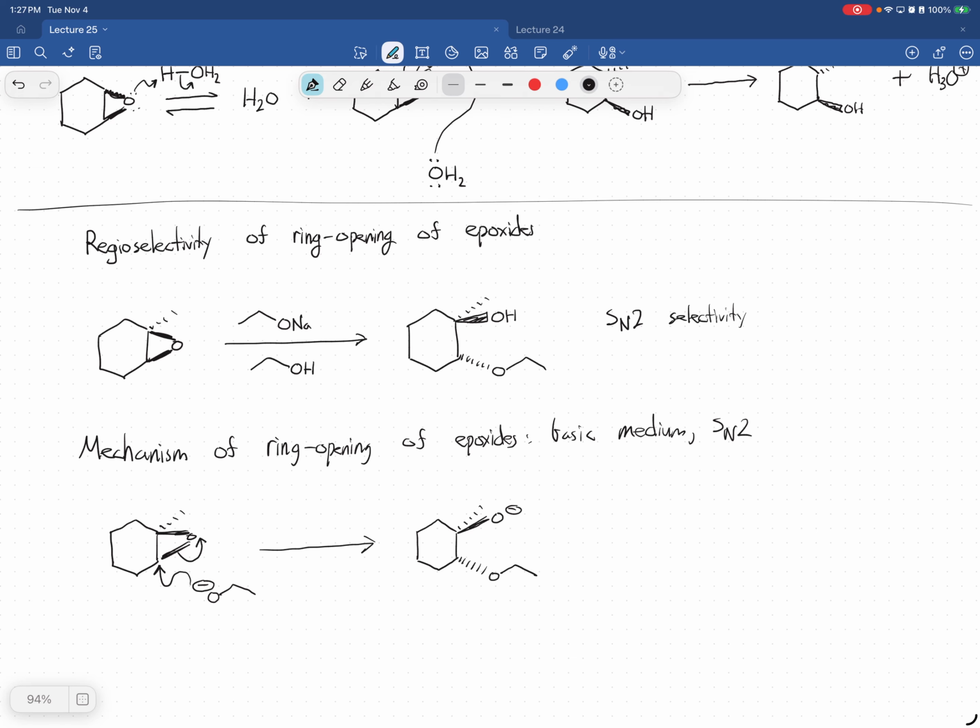Okay, so I'm almost done, right? But I'm missing the hydrogen. Where does the hydrogen come from? The solvent, right? The one on the bottom. Epoxide can't donate a hydrogen. There's no acidic hydrogen, so it has to come from ethanol. So let's write ethanol.